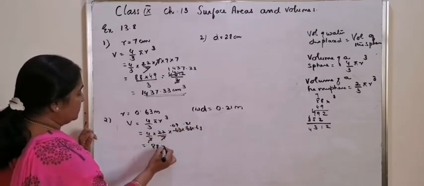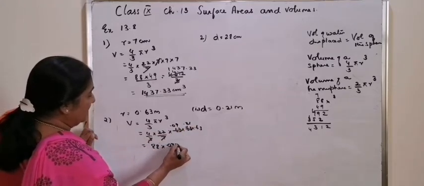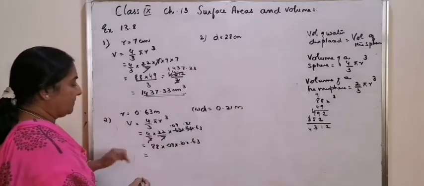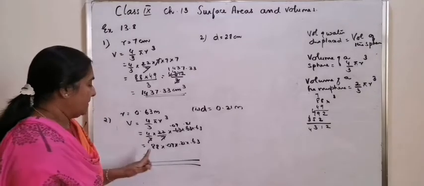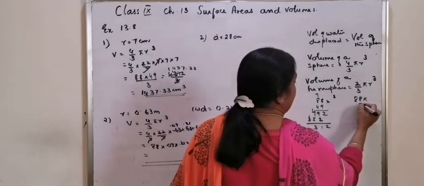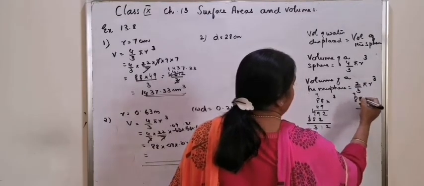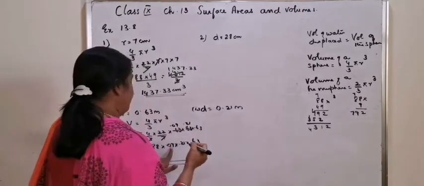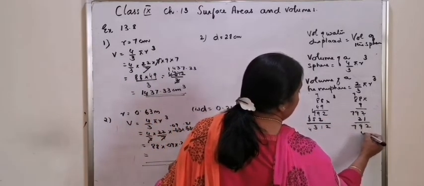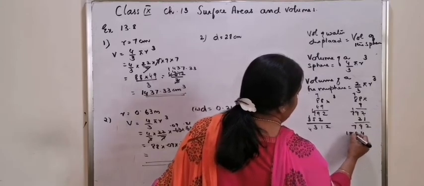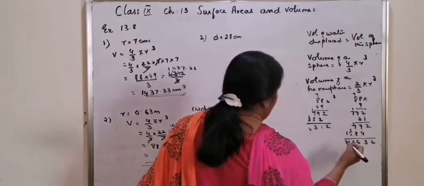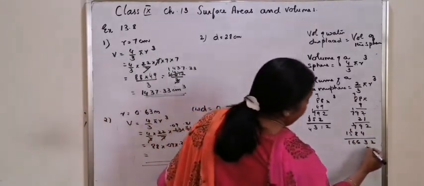So 88 into 0.09 into 0.21 into 0.63. 88 into 9, 8 9s are 72, 792 into 21. 1 2 is 2, 9, 7. 2 2s are 4, 18, 15. Multiplied by 63.